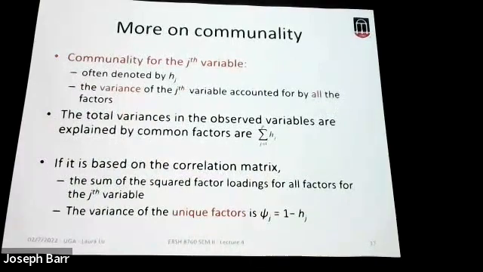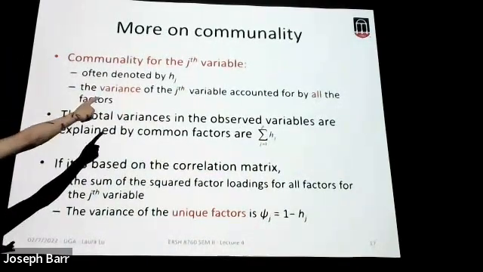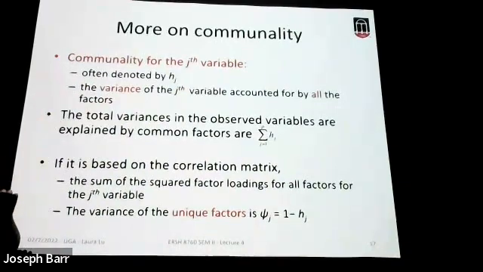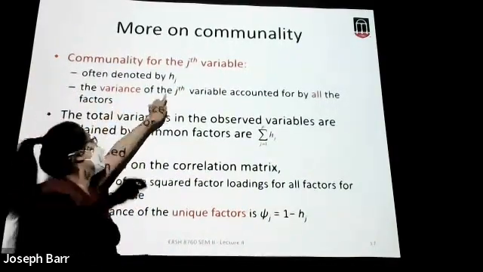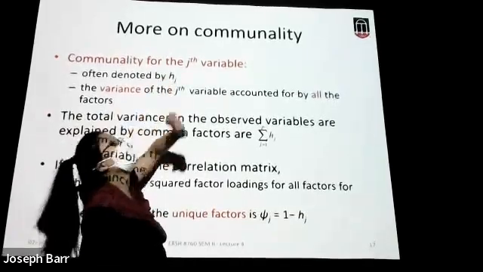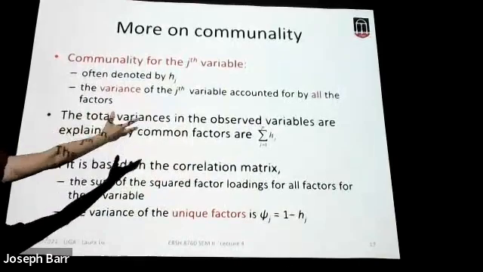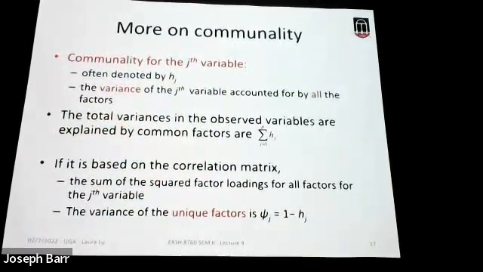Now, let's look at the formula, how to calculate the communality. For each variable, suppose it's the j-th variable, we can calculate its communality. We usually use h for j. So that's the j-th variable's communality. It is the variance of the j-th variable accounted for by all the common factors.